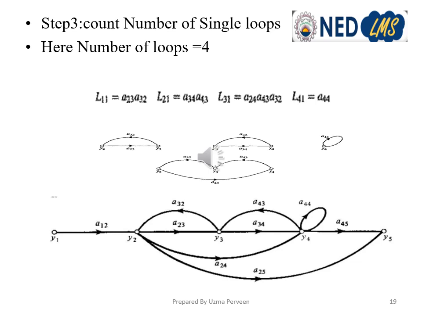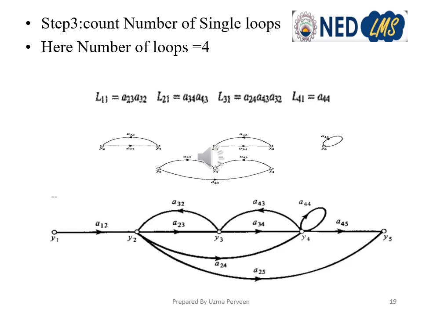The fourth loop is A44, starting and ending at the same node and along which no node is traversed more than once. Please note that we could make a path from Y2 to Y4 and then Y4 to Y4 and then Y4 to Y3 and then Y3 to Y2.